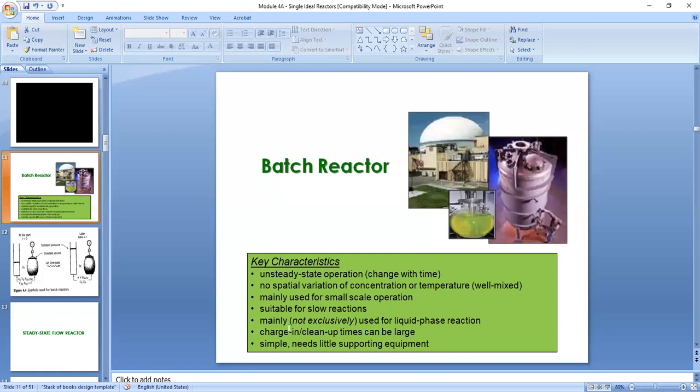However, due to its simple design, it's sometimes preferred for small-scale operations, since we do not have very intricate auxiliary equipment attached to it, compared to the continuous flow reactors. So it needs little supporting equipment, but it can be jacketed as well, in case of reactions that need cooling or heating in the process. Okay, so that's for the batch reactor.